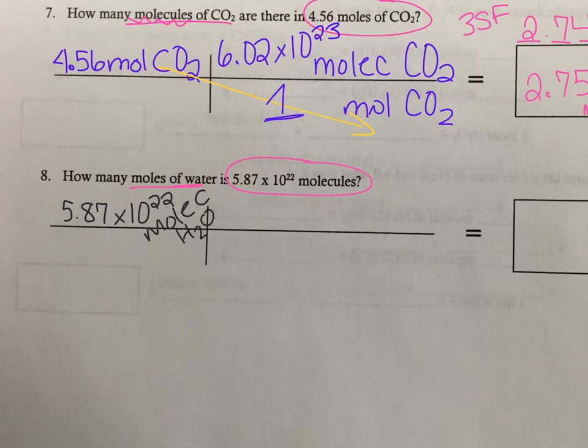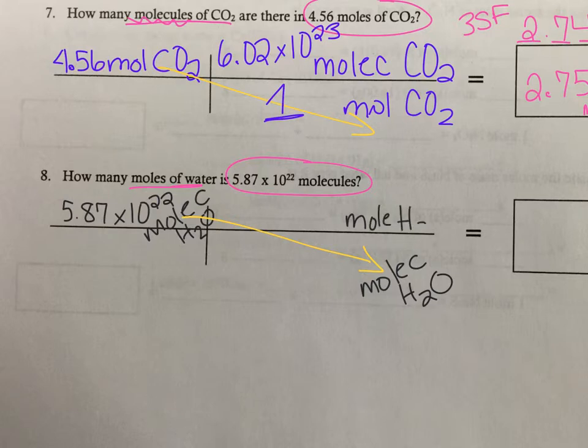There we go. Okay. Then we're going to swing our words down to the right. So now we're going to have this. Because molecule divided by molecule is what? 1. There you go. Good. All right. And then we're going to change into moles of water. Okay. All right, so we have that mole-molecule relationship again. So we're going to say 1 mole is 6.02 times 10 to the 23rd molecules.